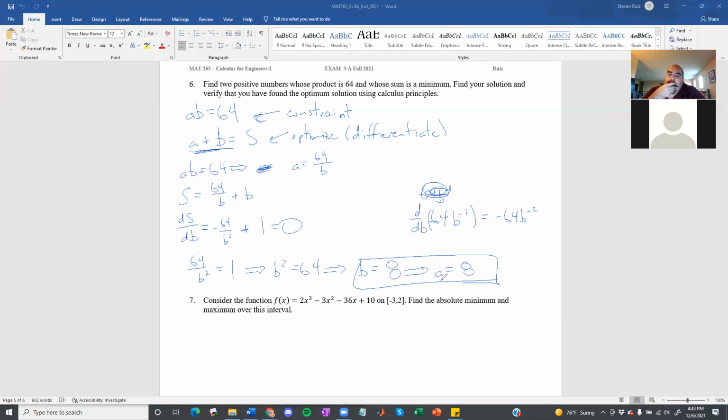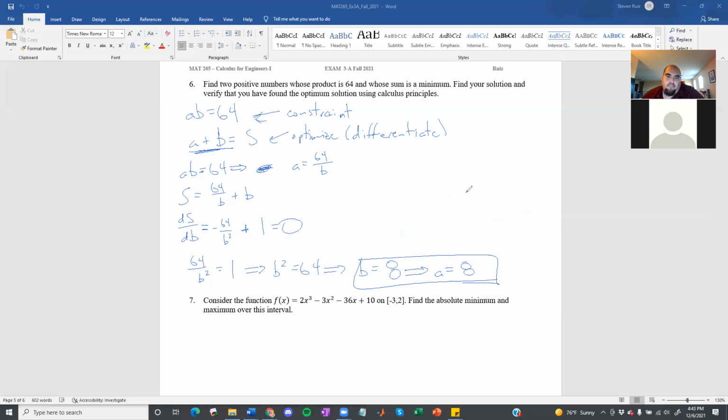All right, so the last thing you need to do is prove to me that that's actually a minimum. Okay, and then, I mean, you could argue that no other numbers work.